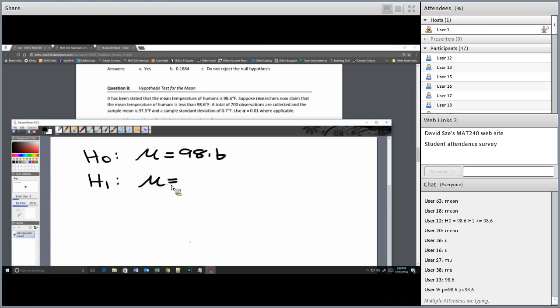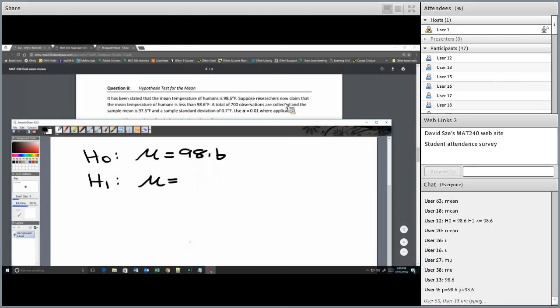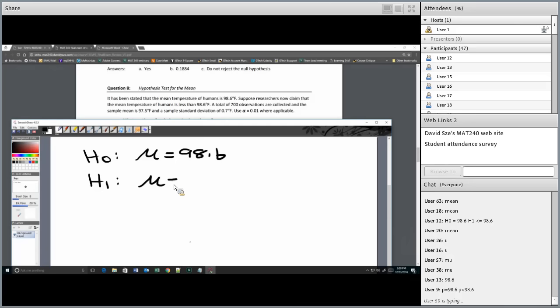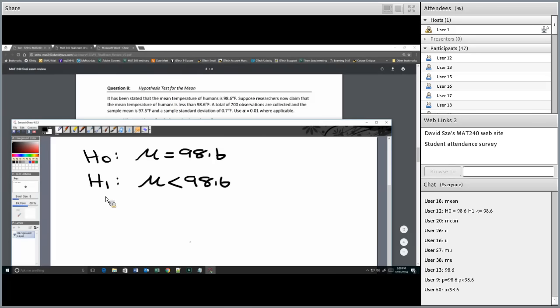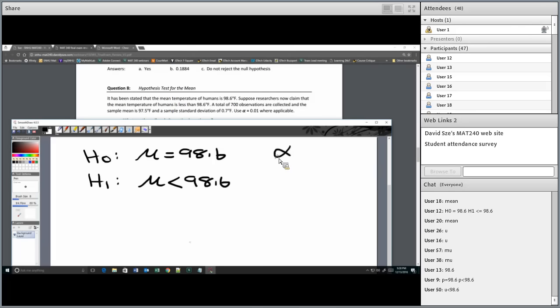The alternative is that, see, they're saying suppose researchers now claim that the mean temperature of humans is less than, right? So I'm going to put less than 98.6. Okay. So that is your null and the alternative hypothesis. This is the test you're doing. Alpha is 0.01. You have a total of 700 observations and the sample mean is given as 97.5.